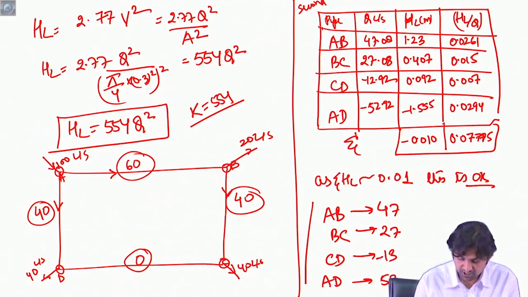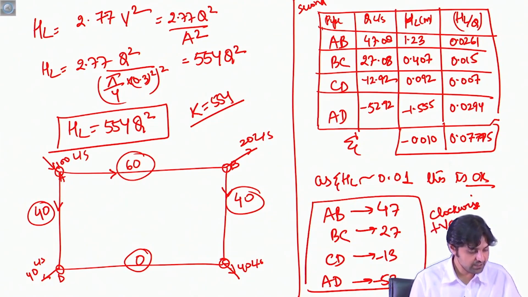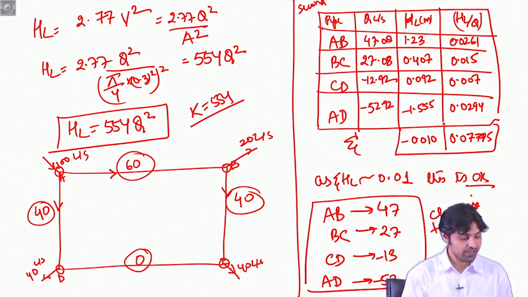Of course, this is with minus sign and this is also with minus sign, considering clockwise as positive. So, this concludes our solution to this particular question on the Hardy-Cross method. You see how we have calculated K, that was 554, and applied this.